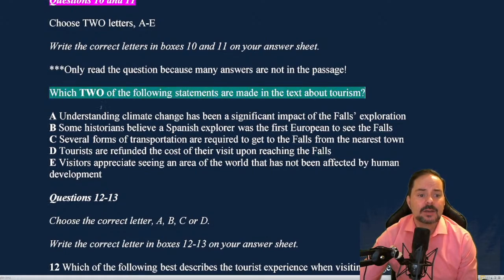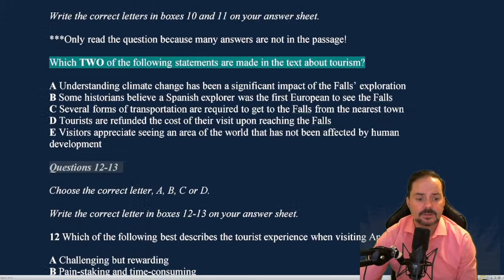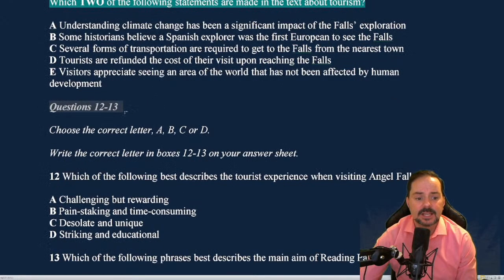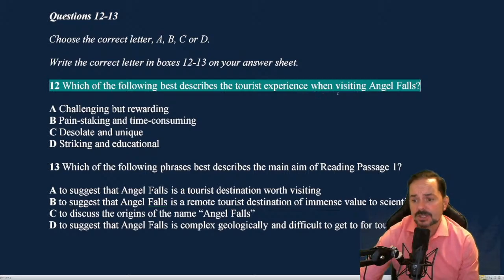We only read this question, all right? So let's do that. Which 2 of the following statements are made in the text about tourism? Okay, and then here, questions 12 and 13, okay? Again, it's 2 questions. Pay attention, all right? Only read the question here. So which of the following best describes the tourist experience when visiting Angel Falls?